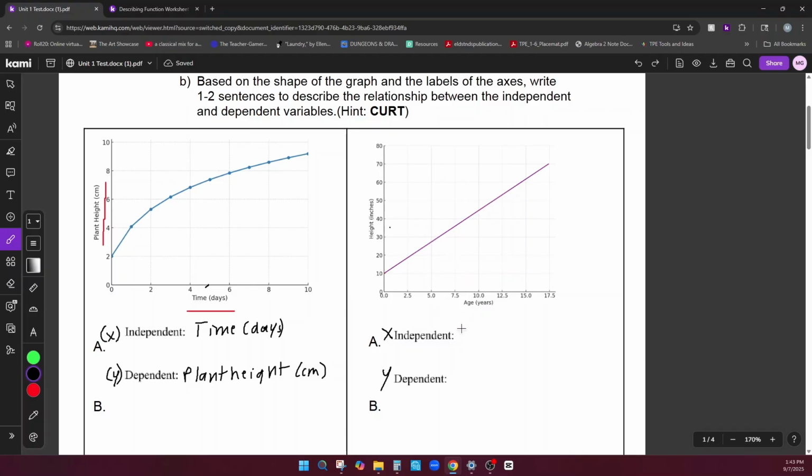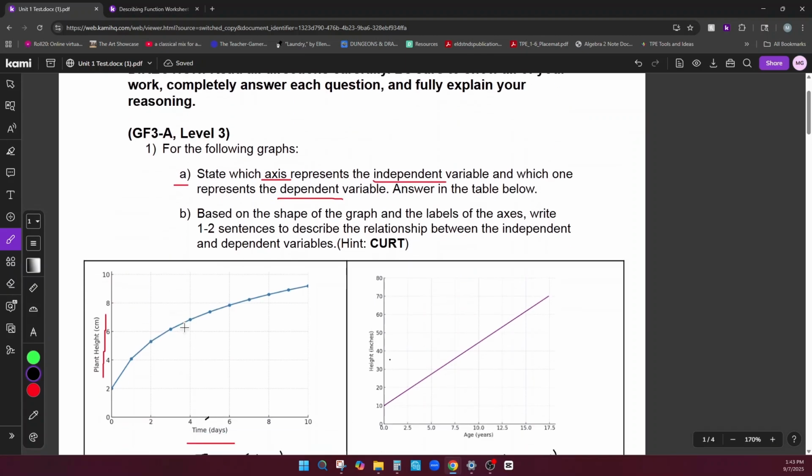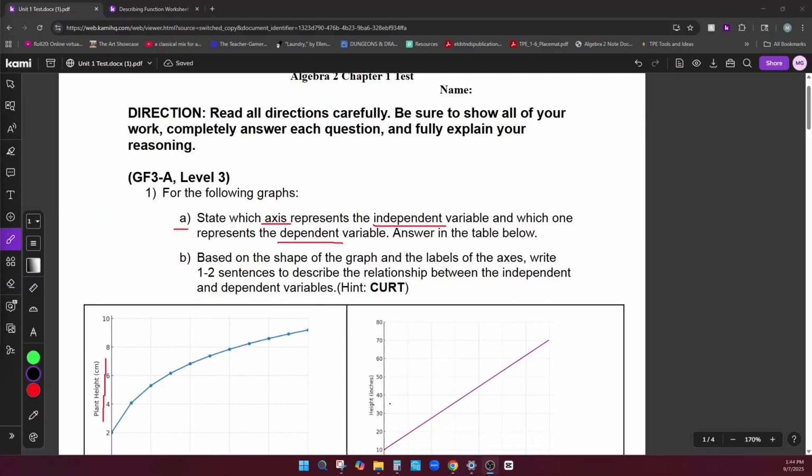So the one that is independent is going to be age, age in years. Once again, it's another variation of time. And our dependent is going to be our height. So that would be it for part A here.